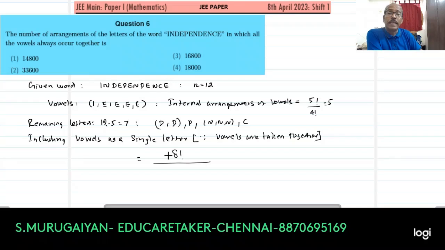Because of 2 D's, 2 factorial, and 3 N's, so 3 factorial. And the internal arrangement of vowels, 5 factorial by 5 into 5.